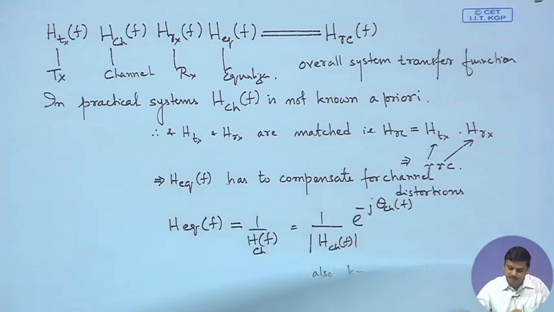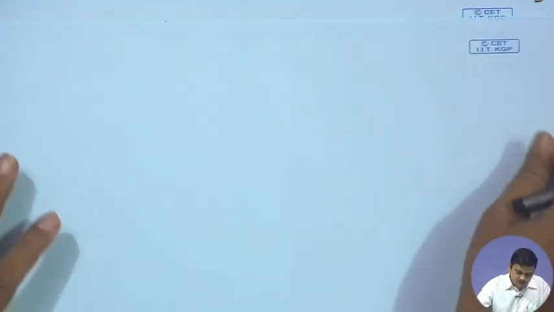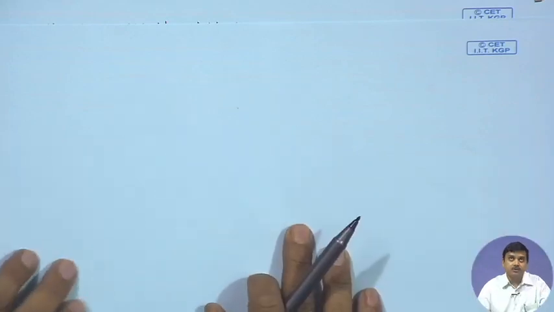and as we just mentioned, HEQ has to compensate for the channel. So, now a quick description of things: let us take a look at the channel impulse response which we had seen before.